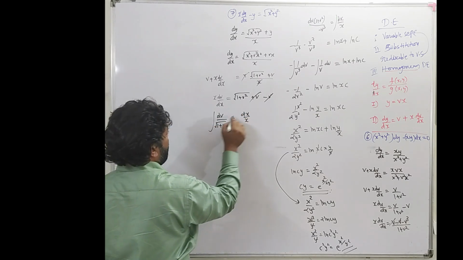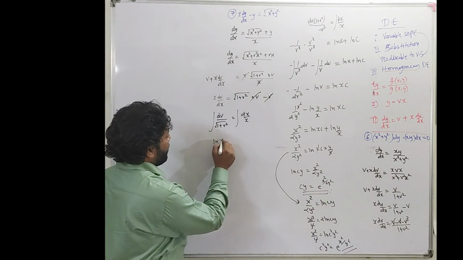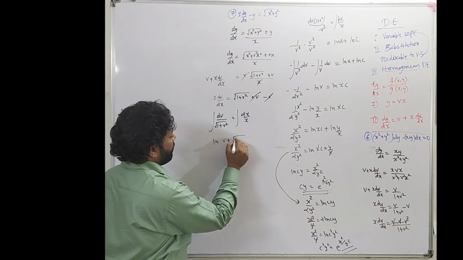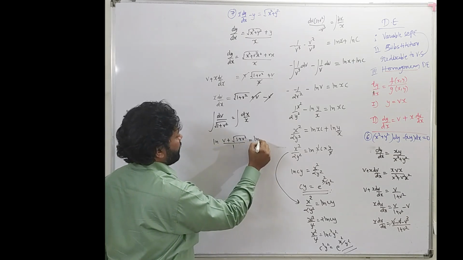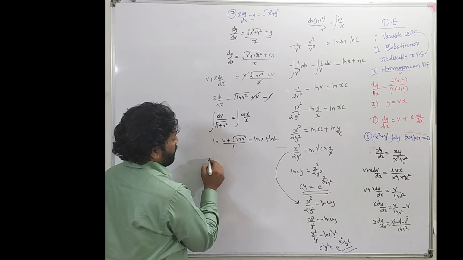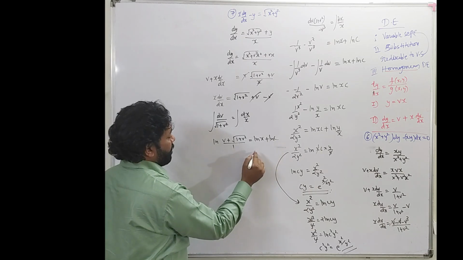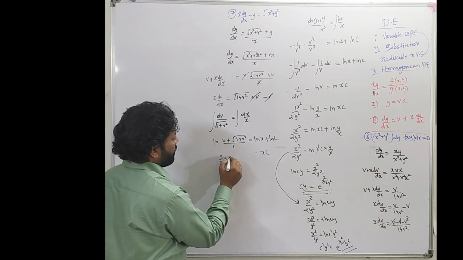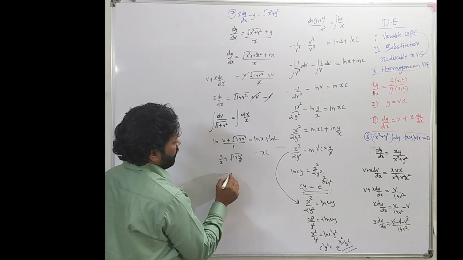So dv by, right, integrating on both the sides. So this integration would be ln x plus square root of x square plus a square by a, and this would be ln x, we'll use ln c. So I'll cancel ln from both the sides, combining this, so it will become xc, and this side would be y by x plus 1 upon y square by x square.